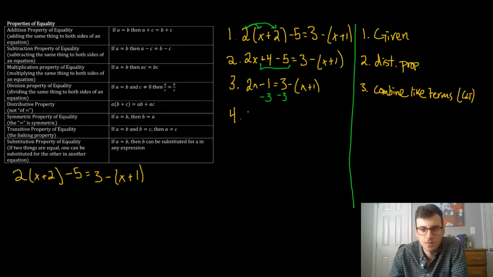So here we get from 2x minus 1 equals 3 minus x plus 1 to 2x minus 4 equals negative x plus 1.